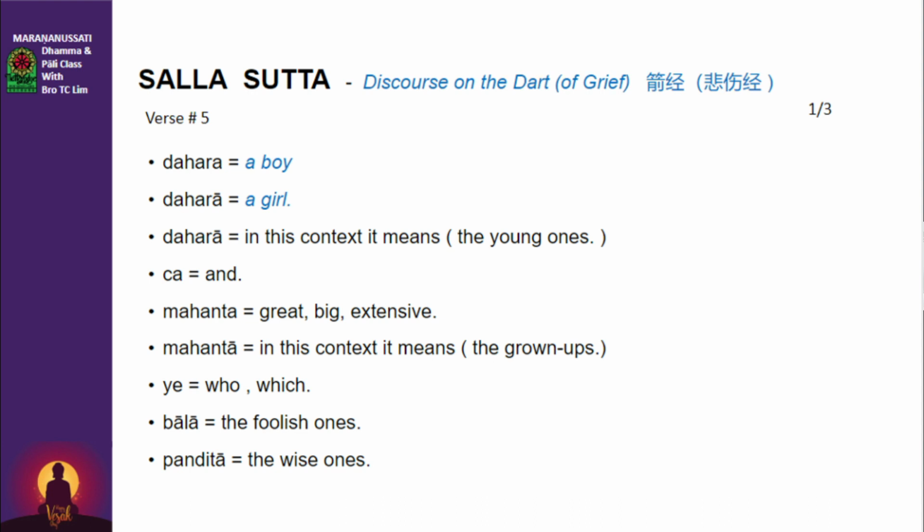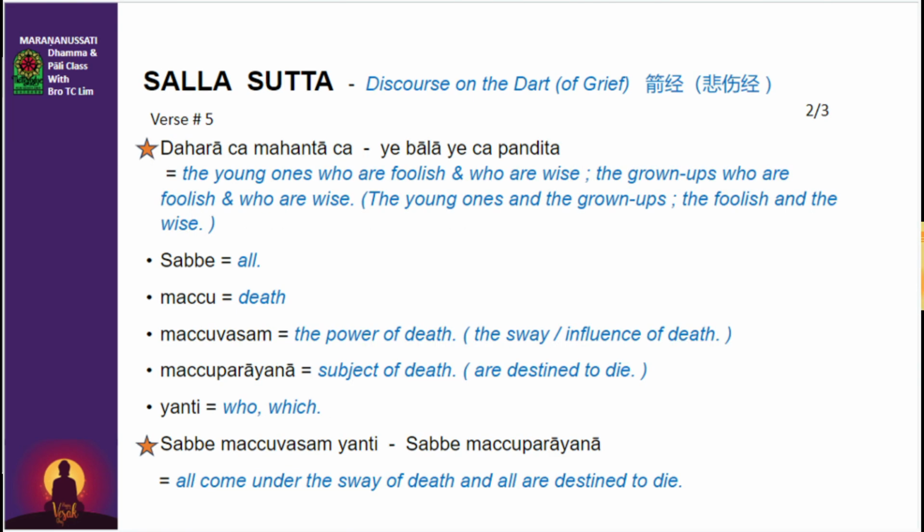Cha means and. Mahanta here means great or big or extensive. In this context it means the grown-ups. Ye is who or which. Bala is the foolish ones. Pandita is the wise ones. So dahara cha, mahanta cha, ye bala, ye cha pandita.